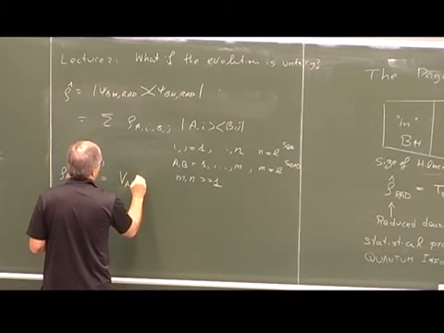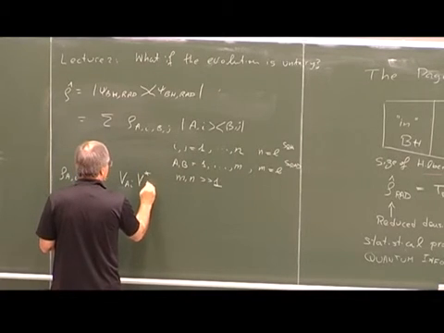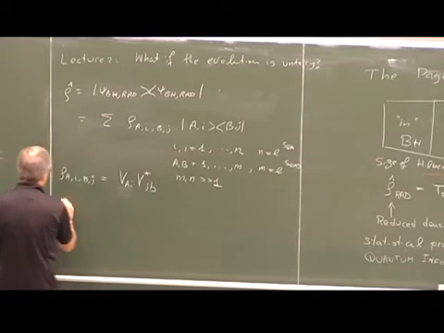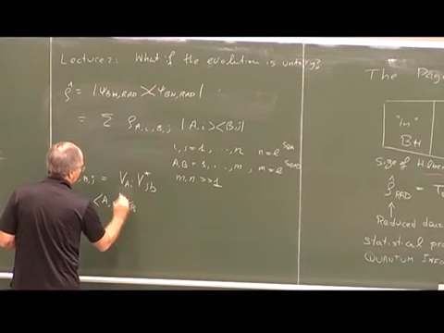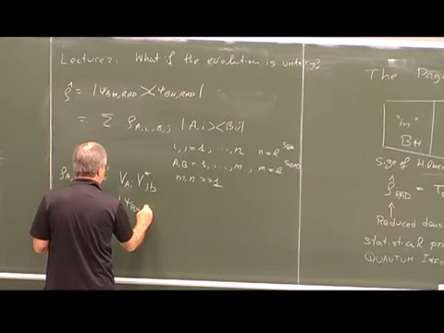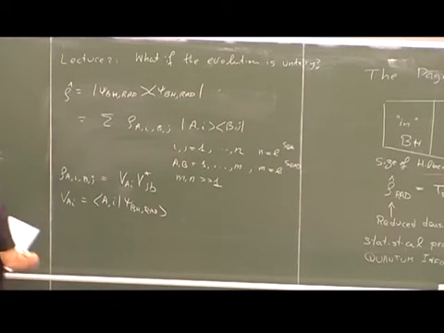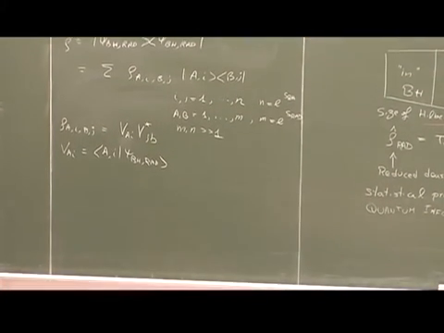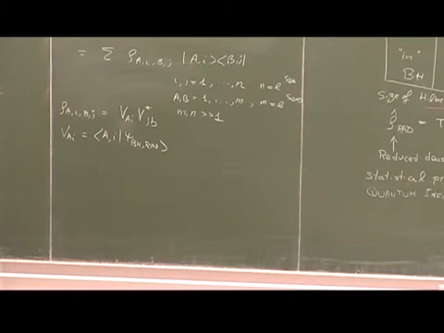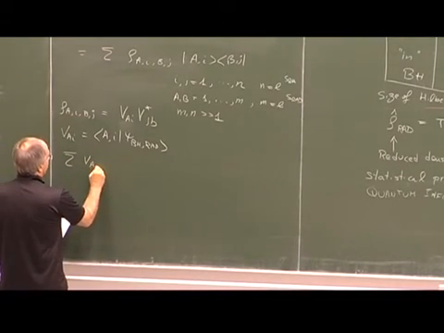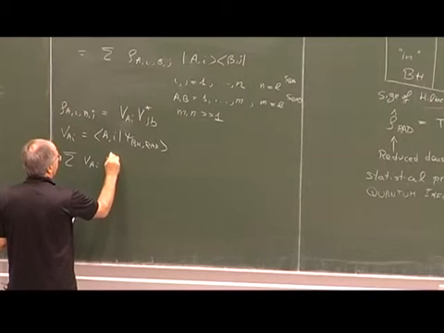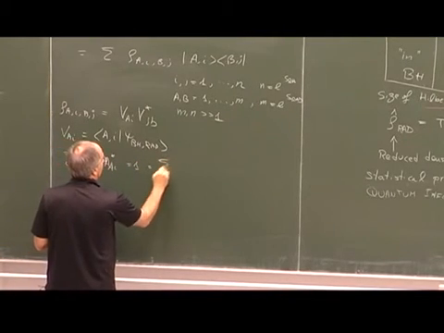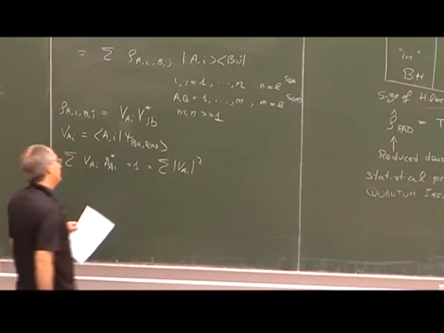It's V_AI V*_JB, where V_AI is essentially the coefficient of this basis element in the wave function, and in this case, the sum of V_AI V*_AI is equal to 1, it's just a normalization.